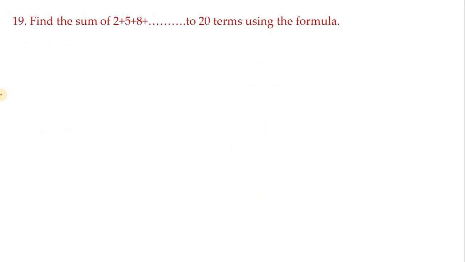Next problem. This kind of problem is also very important and definitely comes for your upcoming exam. Find the sum of 2 plus 5 plus 8 plus so on up to 20 terms using the formula. This problem is from the AP chapter and here we have to find the sum.